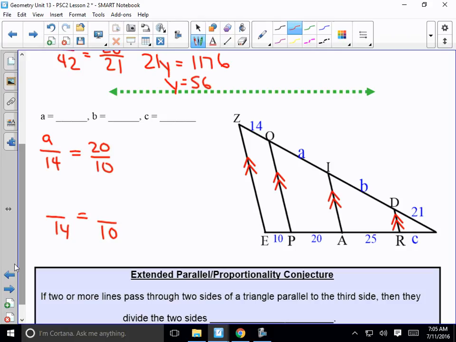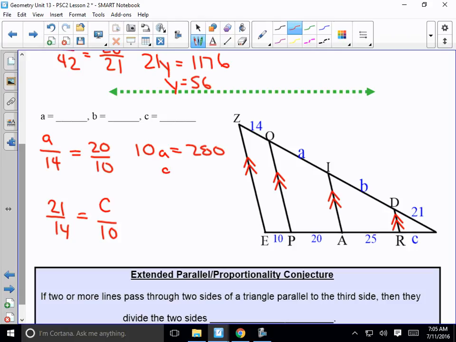If we look at C, C is on the 10 side, so then I need to have the corresponding piece on the 14 side of the triangle to make sure that they're set up properly. Okay, and then from there we can cross multiply and solve. 10a equals 14 times 20, which is 280.